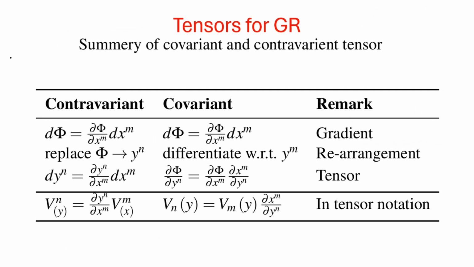Now these are two kinds. One is called contravariant, another is called covariant. So this kind of gradient representation, and when phi is replaced by yn and we differentiate with respect to ym, then we can write this in this fashion. So instead of phi we are using yn, and this is the kind of contravariant tensor, and this is a kind of covariant tensor. Well, we'll go ahead.